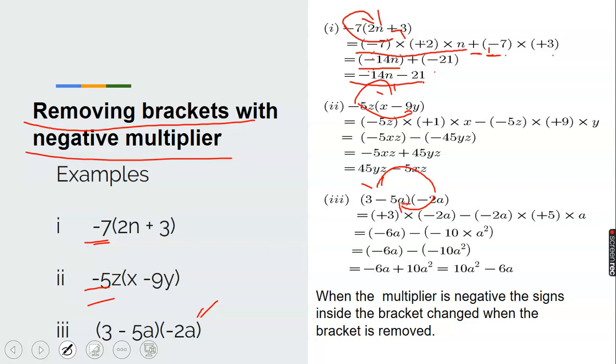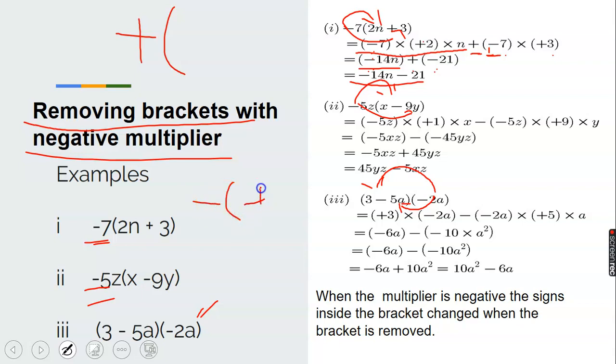You can see when you have negative inside the bracket, you have positive outside. When you use plus to open a bracket, all the signs inside the bracket remain the same. Unlike when you use minus.